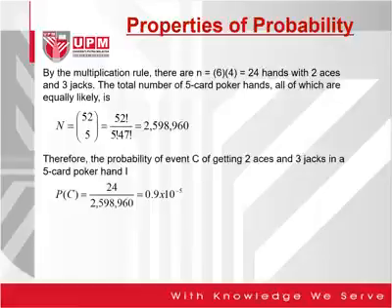For the big N, there are 52 cards and we want to get 5, so it is 52C5, a very big figure. Putting into the probability equation, you get a very small answer: 24 divided by 2598960.